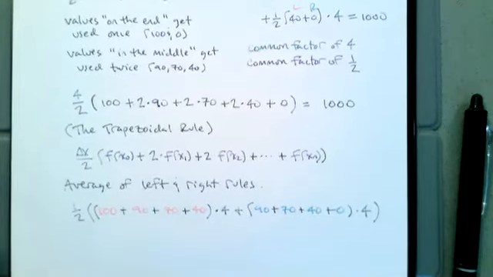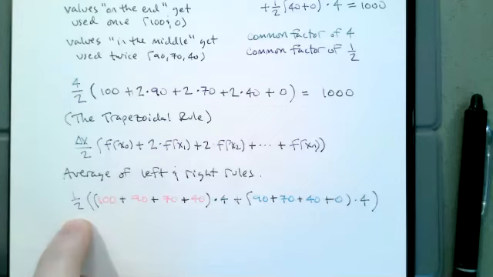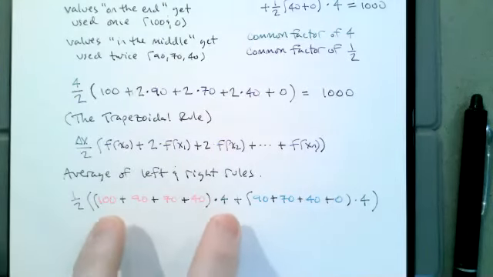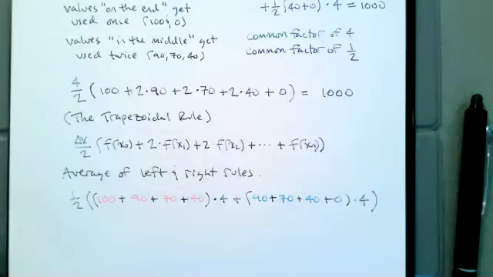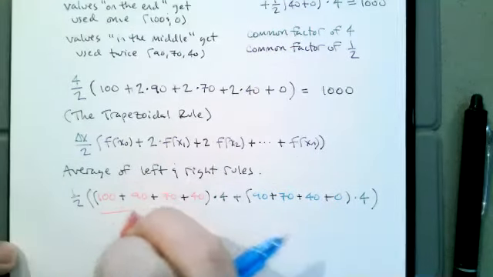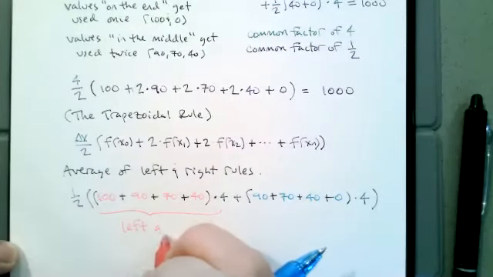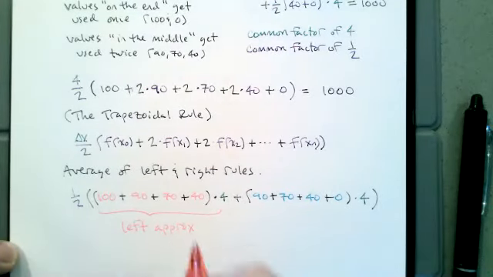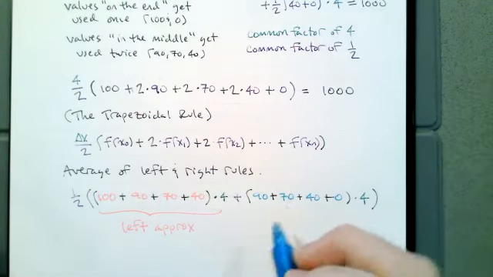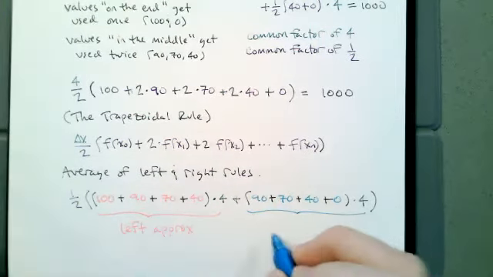So this 1/2 is for the average part. This first term in the parentheses is the left approximation. And this second set of parentheses is the right approximation.